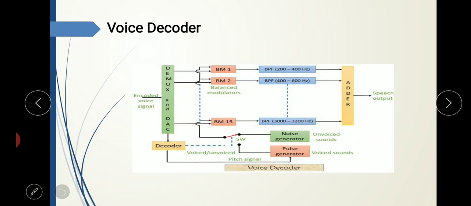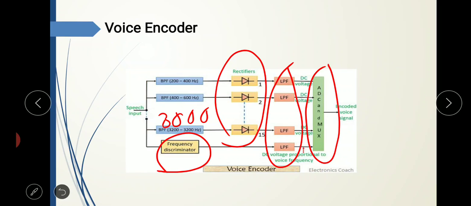Next is the voice decoder. The demultiplexer and DAC section convert the received encoded signal back to its analog form. Means this block performs the reverse operation of this block.